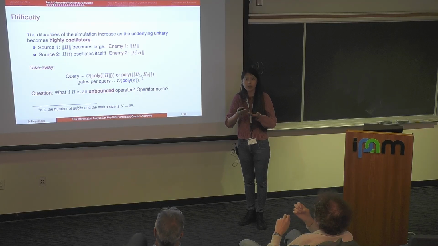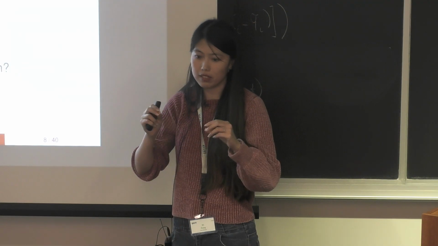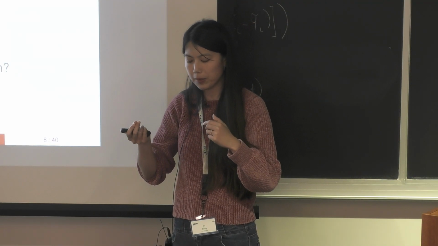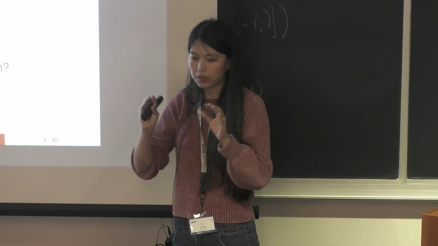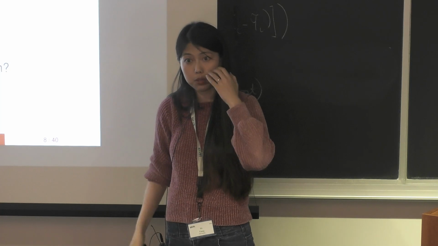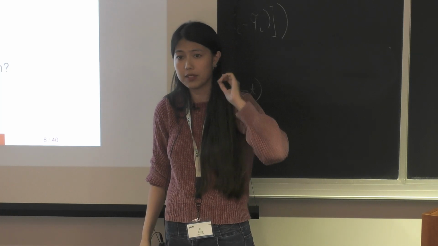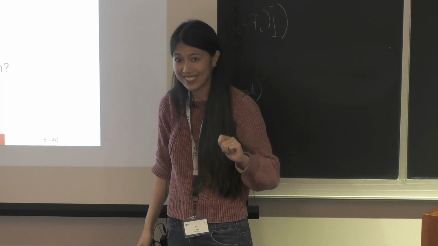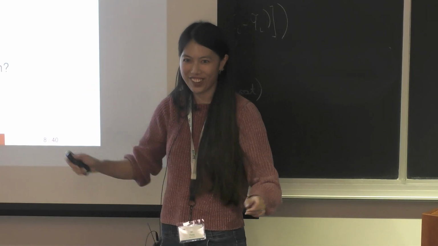For time-dependent Hamiltonian simulation, we can get linear in T and log dependence on the precision, but it's not quite an additive error bound as opposed to the time-independent case. QSVT and QSP can give us additive error bounds. But that's a full story for another day.